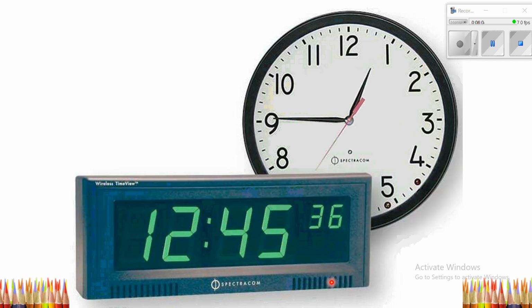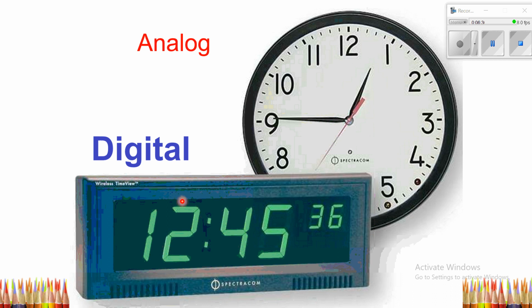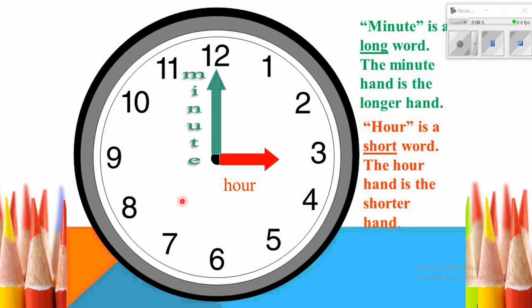Digital clock, just numbers. Here I read the number with the help of the hands. But in a digital clock, I don't have hands, I just have numbers. Here is analog, analog, analog. Here is digital, digital, digital.